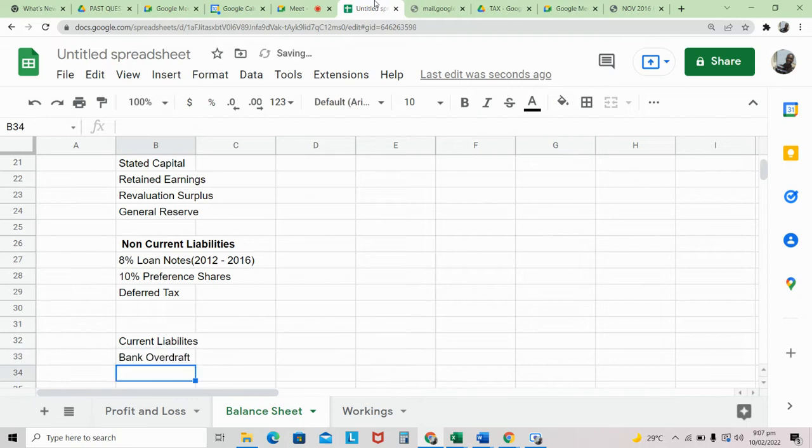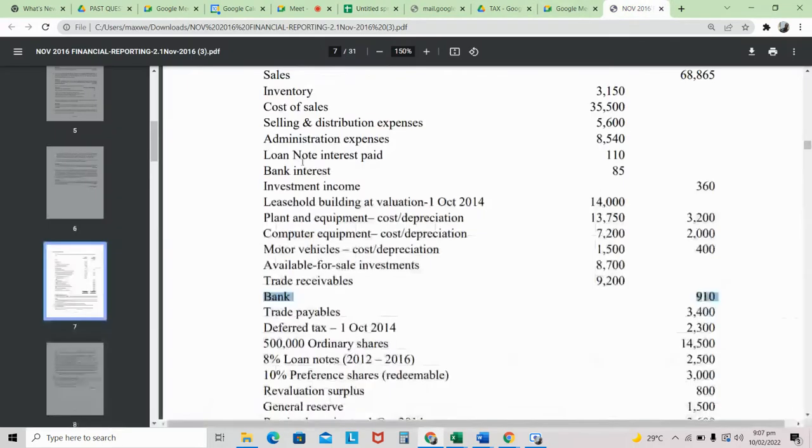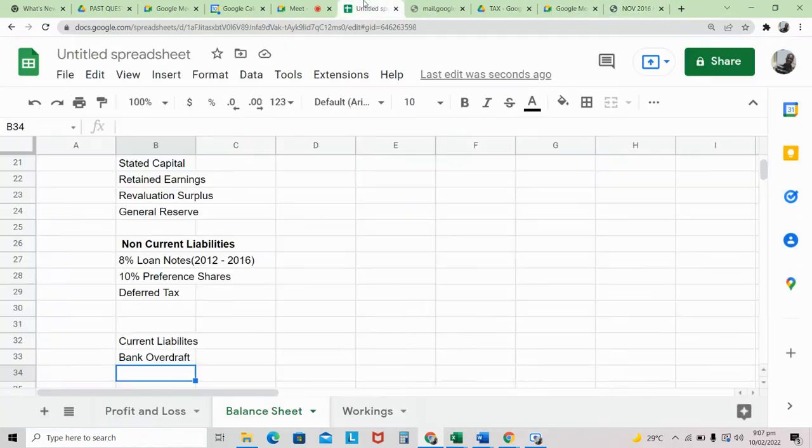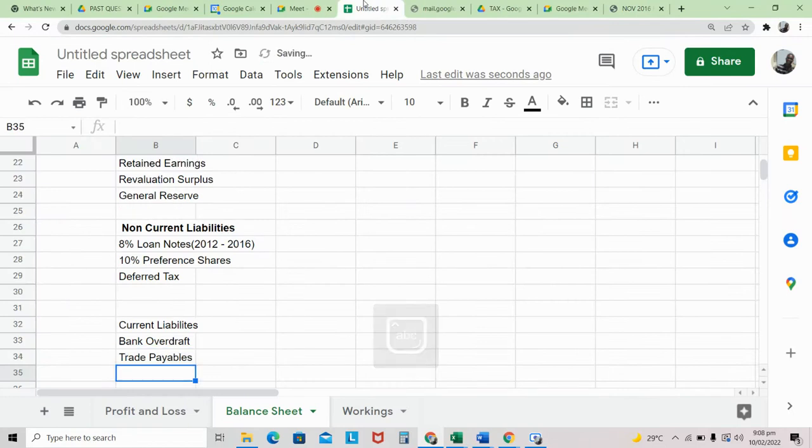Then what else do we have? We have trade payables.